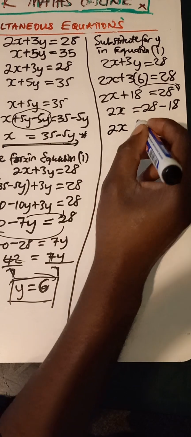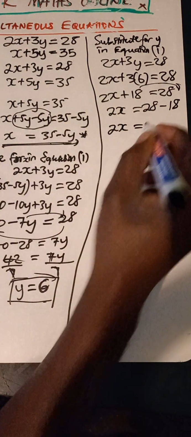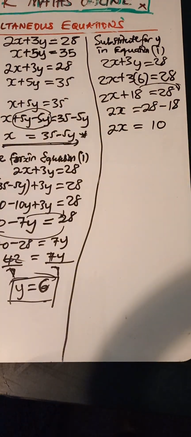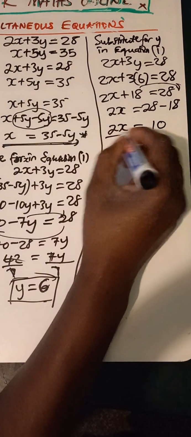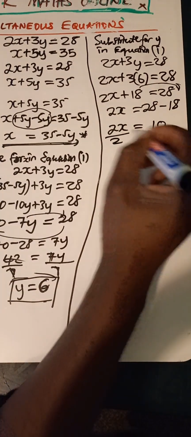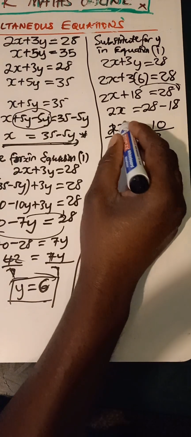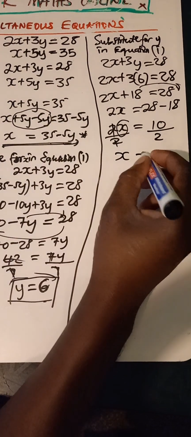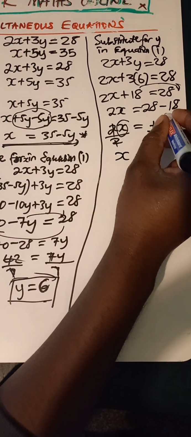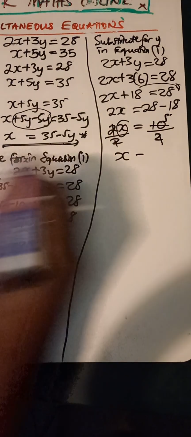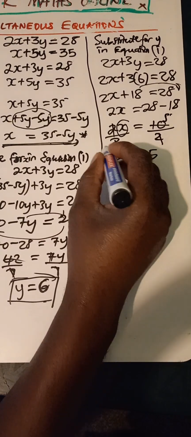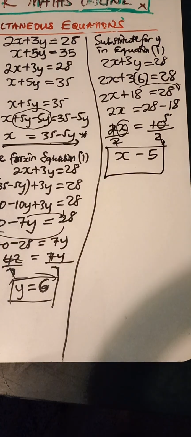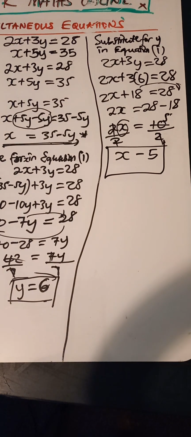So we further simplify. 28 minus 18 is equal to 10. Then we divide by 2. Here we've got an x, and there 2 goes into 10 5 times. So these are our x values and y values for this equation.